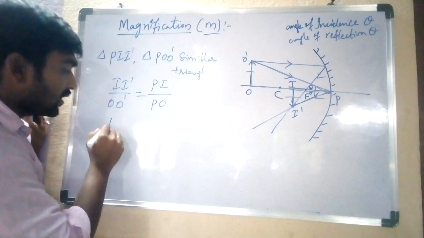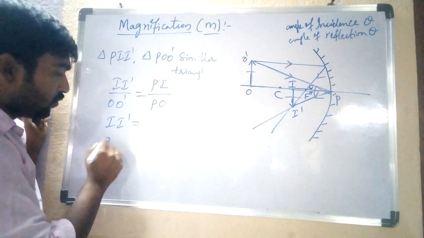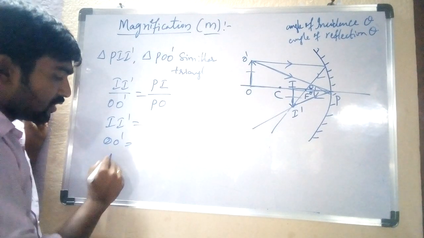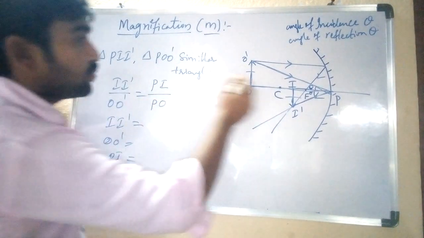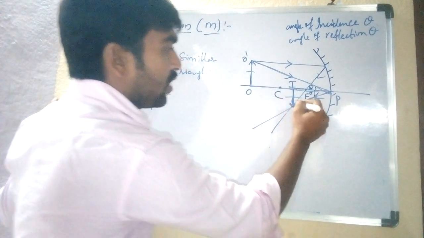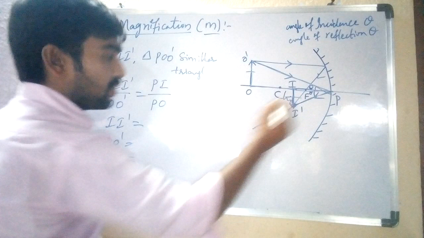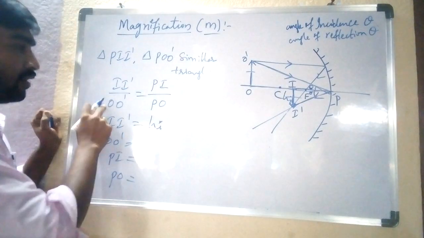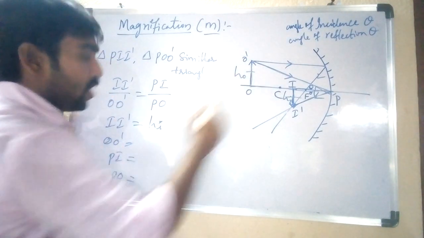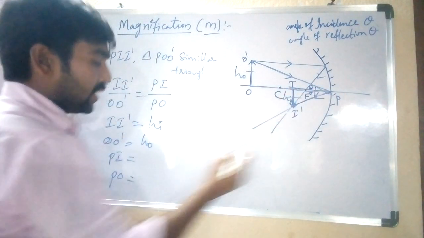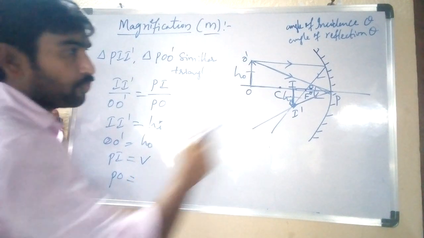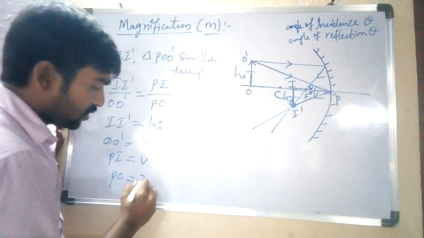So what is I dash and what is O dash? What is PI and what is PO? I dash is the height of the image, HI. O dash is the height of the object, HO. PI is the image distance V. PO is the object distance U.